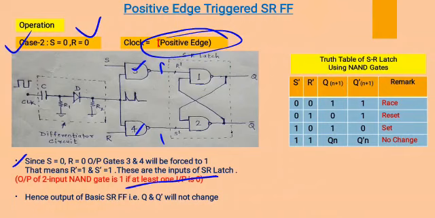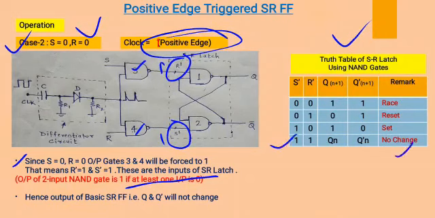So in this case, both the NAND gates 3 and 4 have at least one input 0, that is S is 0 for NAND gate 3 and R is 0 for NAND gate 4. Therefore the output of both these gates will be 1, by which R dash and S dash are going to become 1 1. Again we observe the truth table of the SR latch using NAND gate, in which S dash and R dash are 1 1.